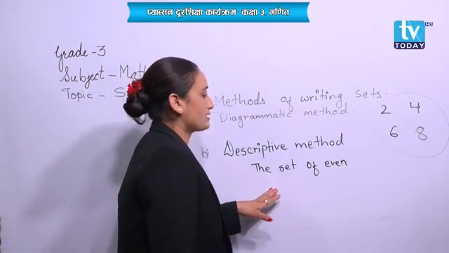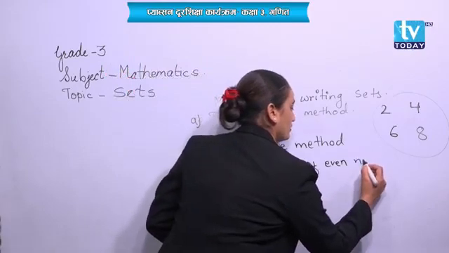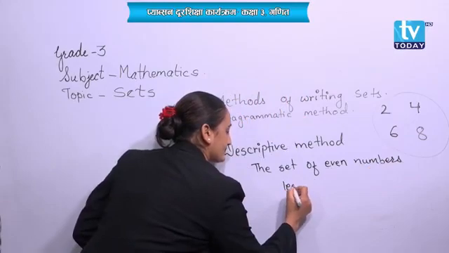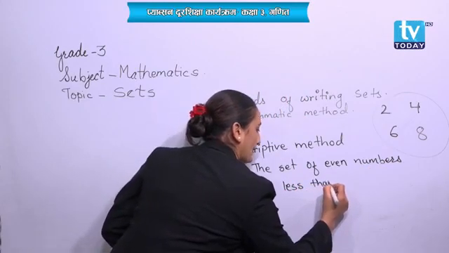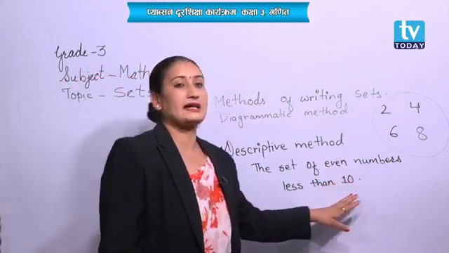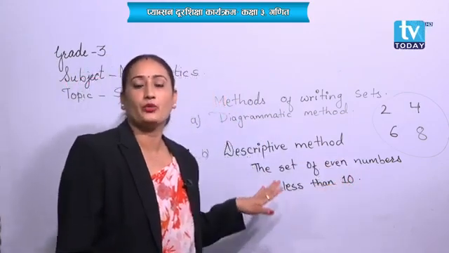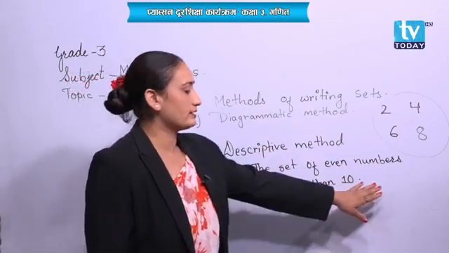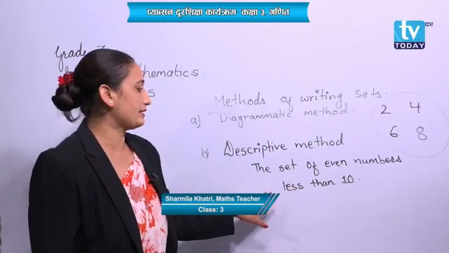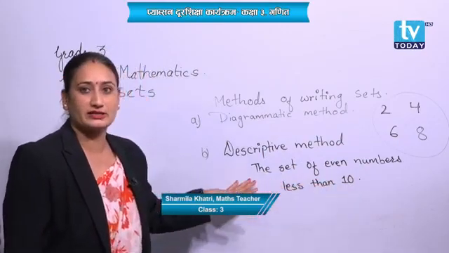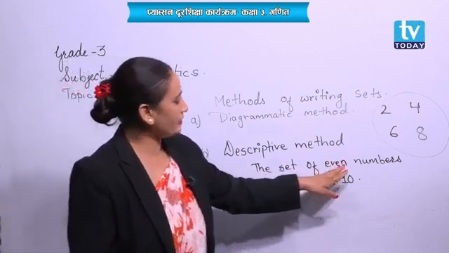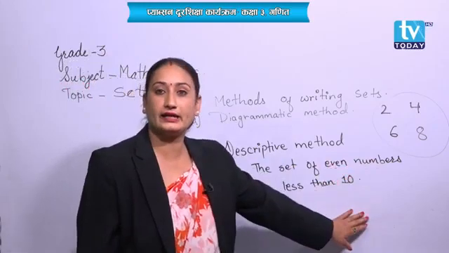Now write down: the set of even numbers less than 10. So, after describing it, you have to write in words. This is the way of writing in words.